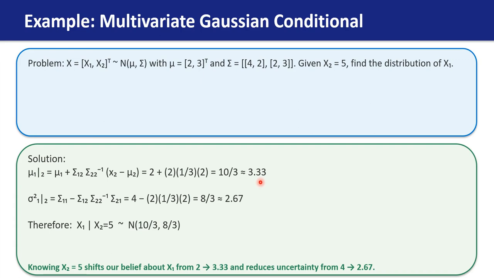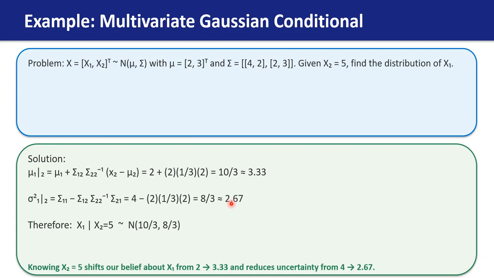The conditional variance is sigma squared 1 given 2 equals sigma 1 1 minus sigma 1 2 times sigma 2 2 inverse times sigma 2 1, which equals 4 minus 2 times 1/3 times 2, which equals 4 minus 4/3, which equals 8/3, approximately 2.67.